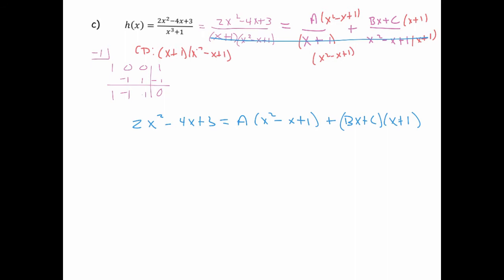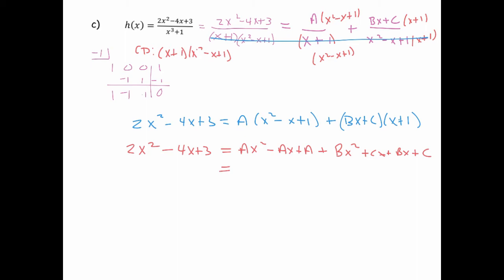What I'm going to do first, just to give you another idea that you can use, you can distribute this A, you can expand by multiplying these two terms together and get Bx squared plus Cx plus Bx plus C. And then what you can do is collect the terms as coefficients.